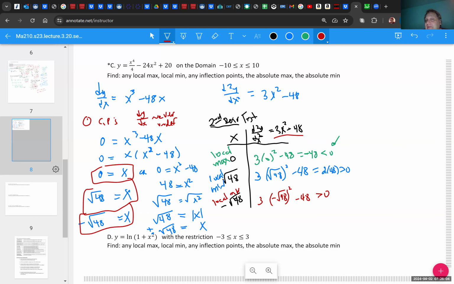We need to find possible additional inflection points. How do we find additional inflection points? That's when the second derivative is equal to 0 or when the second derivative is undefined. So d squared y dx squared is equal to 0 or undefined is how we find additional inflection points.